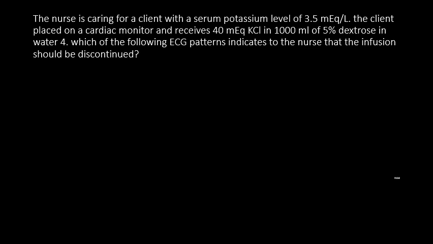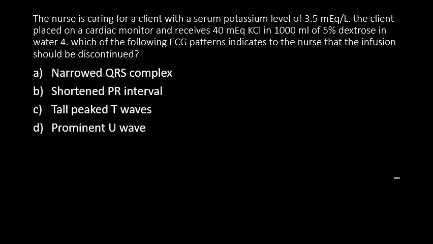Which of the following ECG patterns indicates to the nurse that the infusion should be discontinued? Option A. Narrowed QRS complex. Option B. Shortened PR interval. Option C. Tall peaked T waves. Option D. Prominent U wave. And the answer is tall peaked T wave.